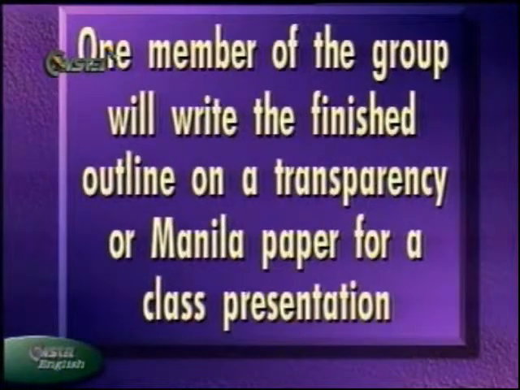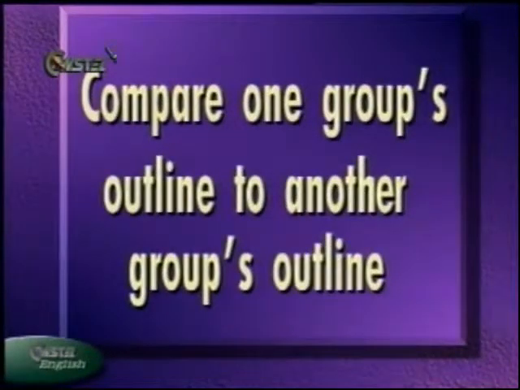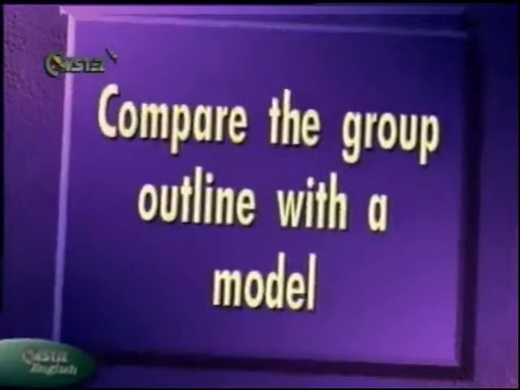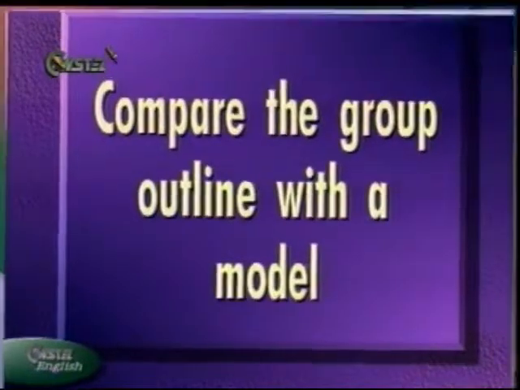4. One member of the group will write the finished outline on a transparency or manila paper for a class presentation. 5. Compare one group's outline to another group's outline. 6. Compare the group outline with the model.